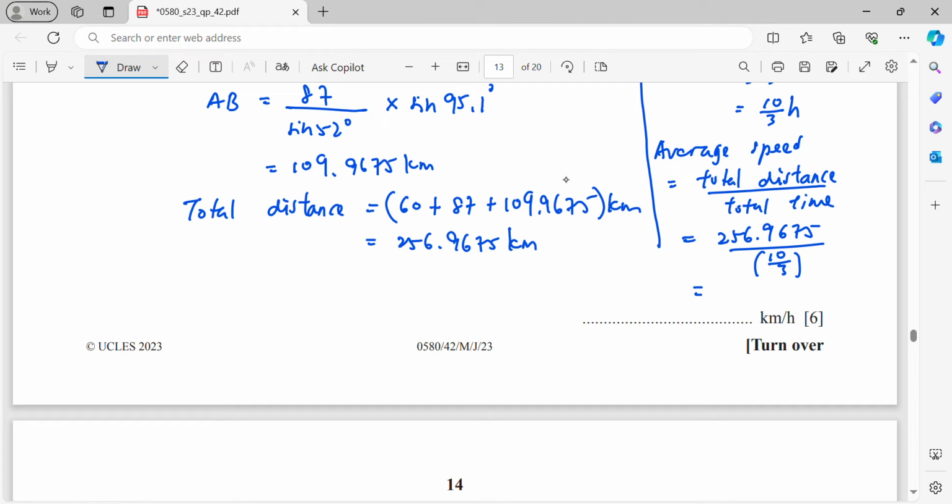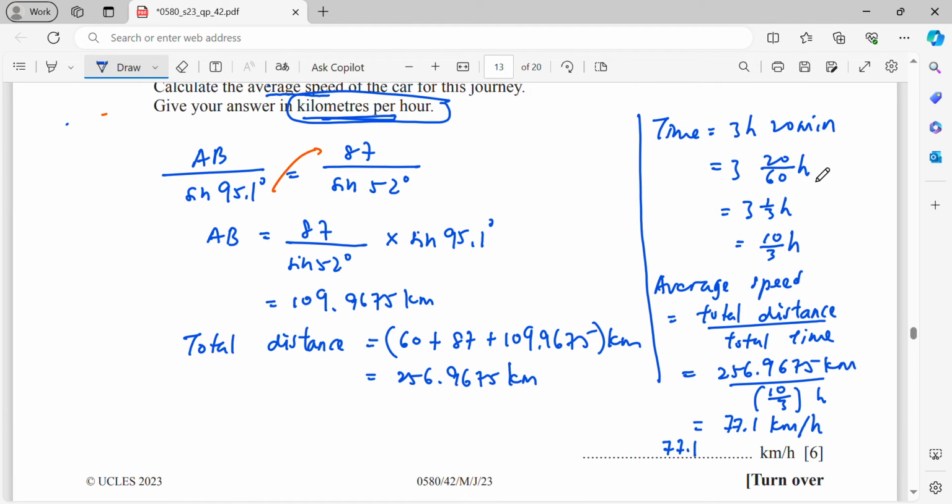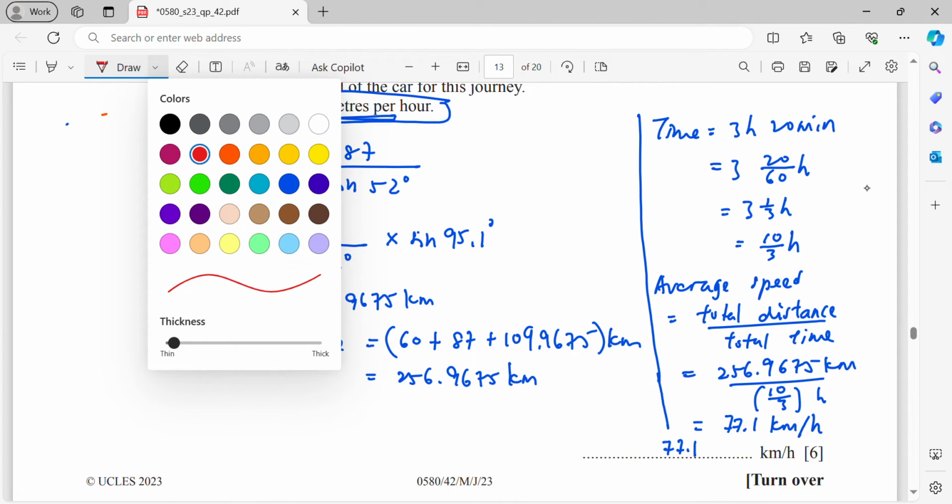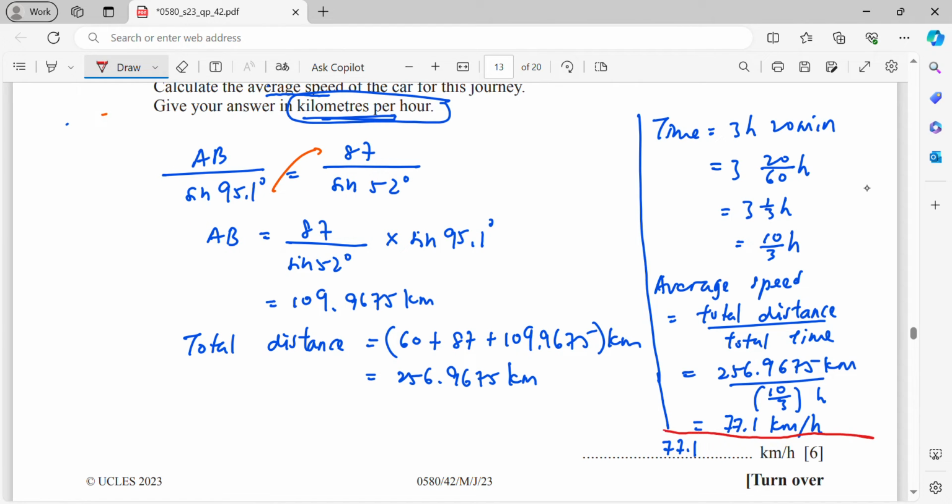Okay, then from here, this is in kilometers, then the time is in hour. Then I will be getting 77.1 kilometer per hour. So that is my solution of this question. Okay, so we have done this question. Let's move on to the next question.